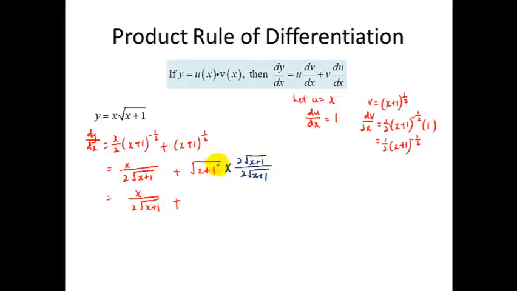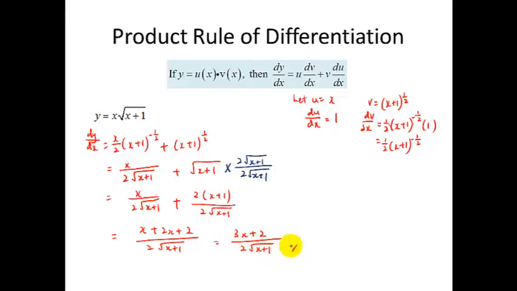Then I take the numerator times numerator. Square root times square root, we get power 1. Now that the two fractions have the same denominators, we can combine the fractions. And this is my answer.